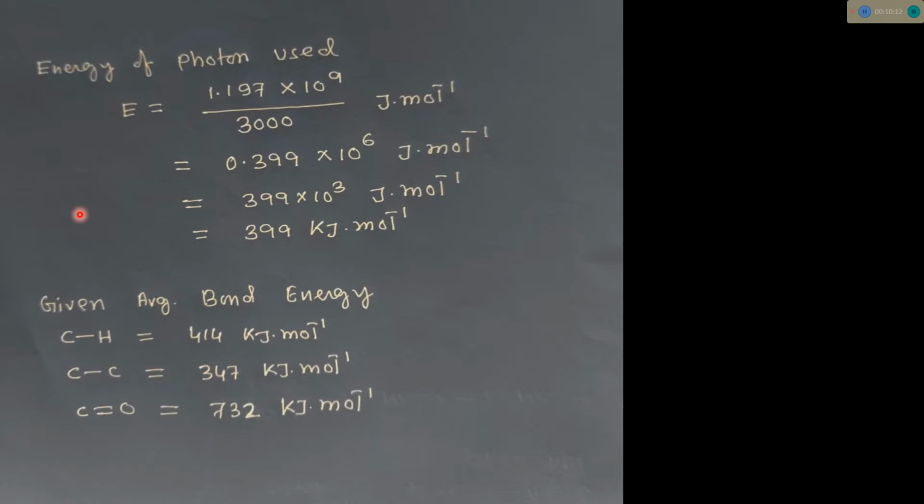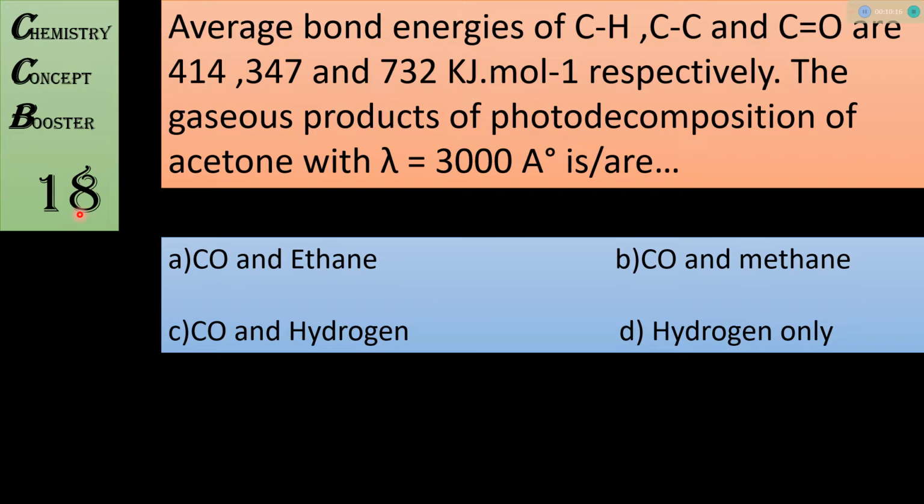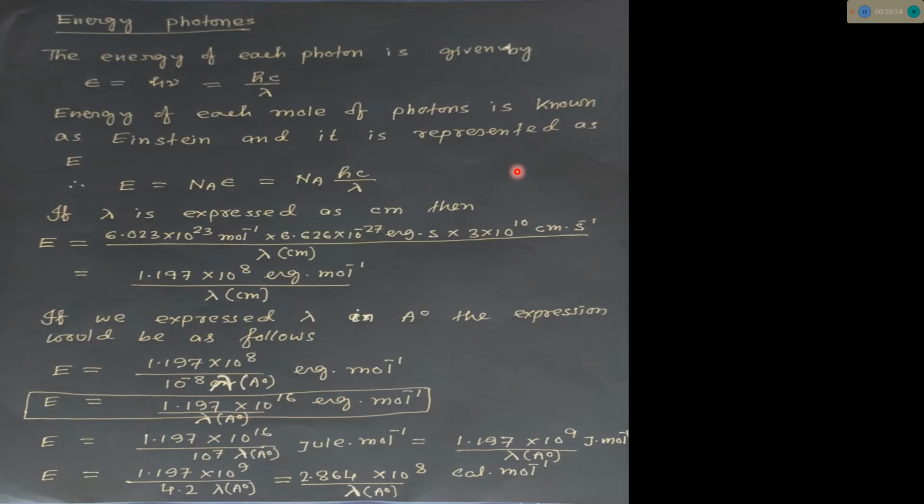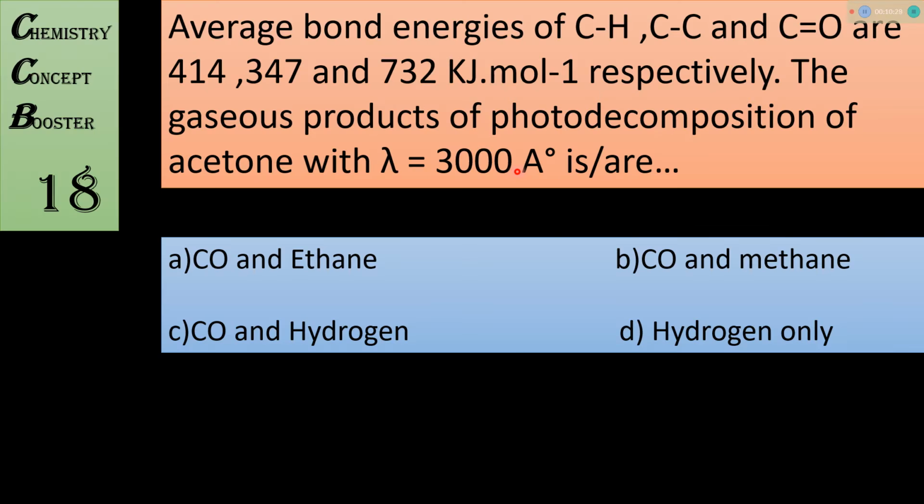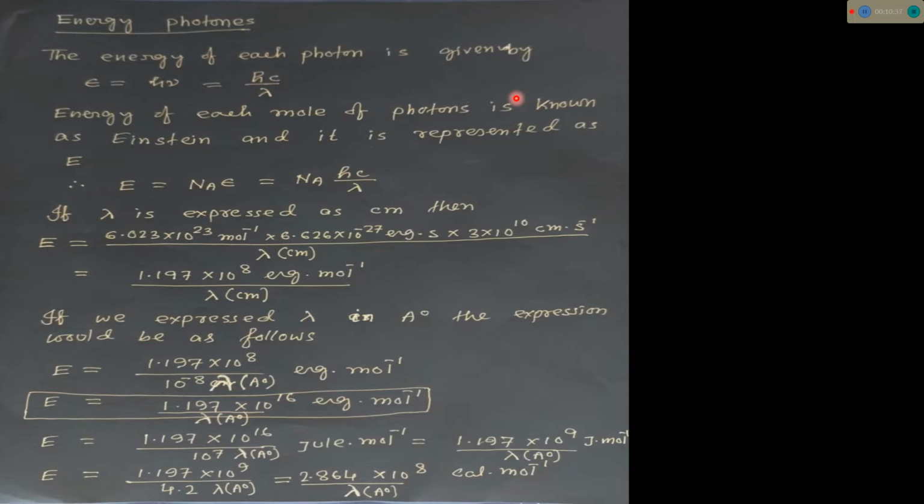In the given question, they used a light whose wavelength is 3000 angstrom. The wavelength is given in angstrom and the energies are expressed as kilojoule per mole, so we have to use the expression for energy in joule per mole.